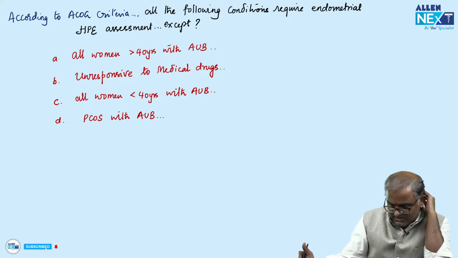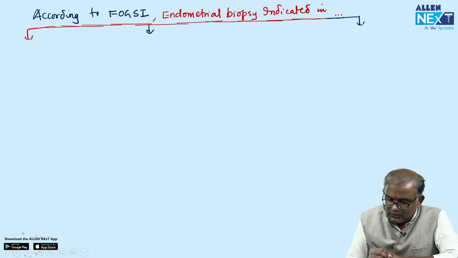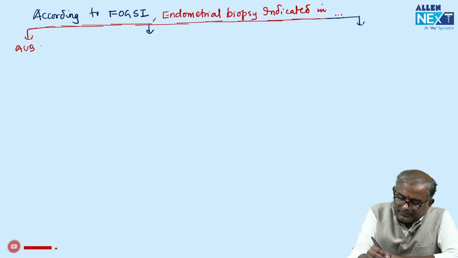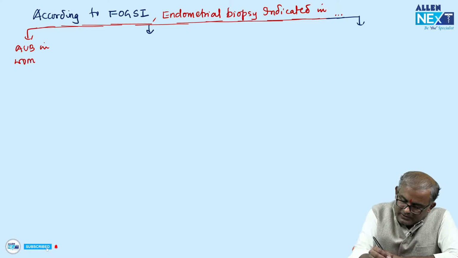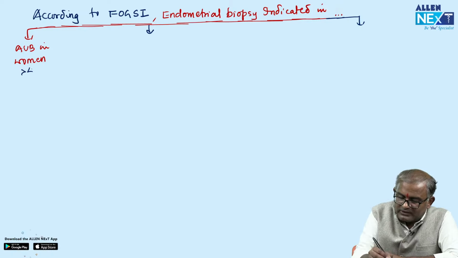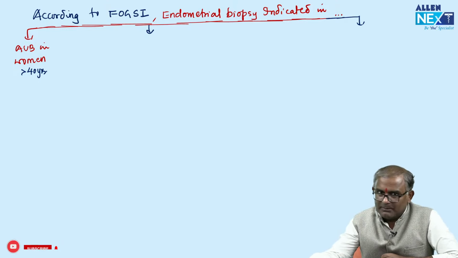What is the answer for this question? Yes. Doctor, look into this. According to FOGSI, what are the indications? That is AUB in women more than 40 years. Definitely AUB in women more than 40 years requires endometrial biopsy.